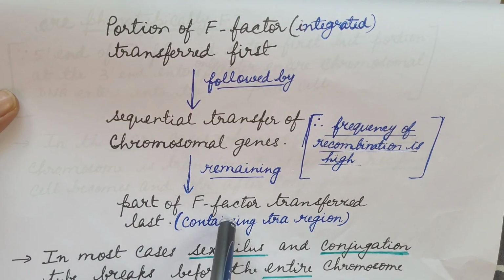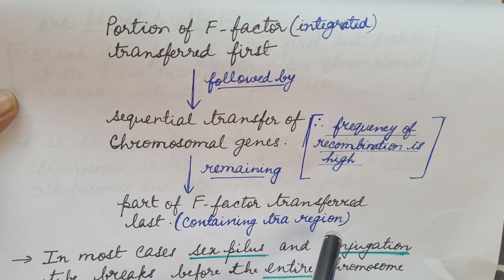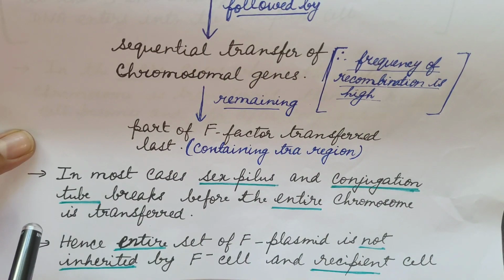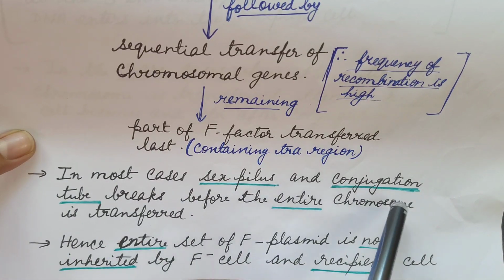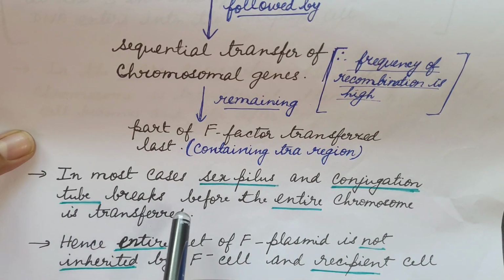This remaining part contains the tra genes, which determine the expression of the sex pilus and other functions during conjugation. But this entire process takes a long time. Hence, in most cases, the sex pilus and conjugation tube break before the entire chromosome is transferred.